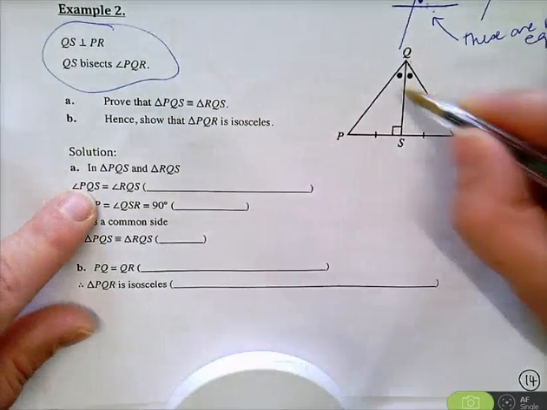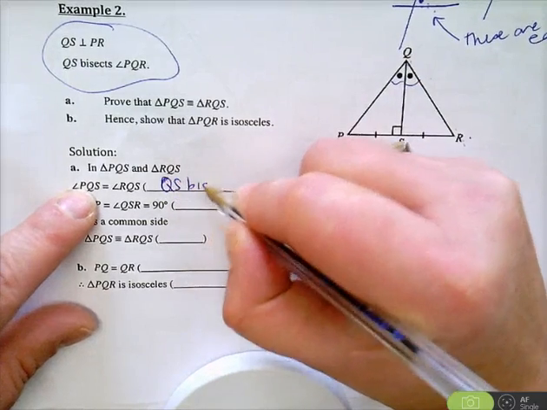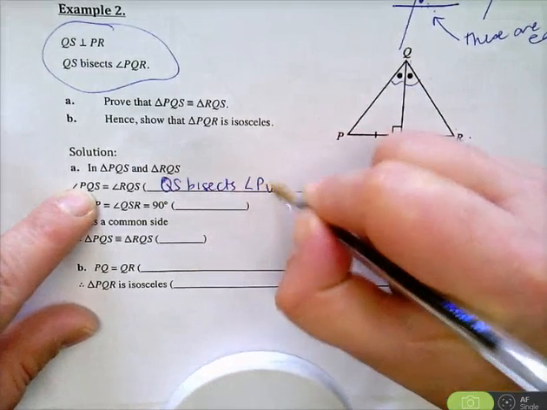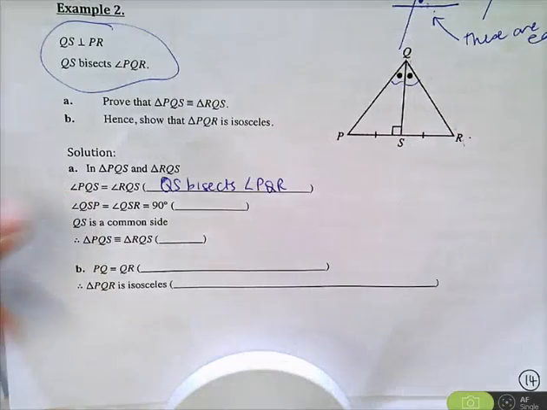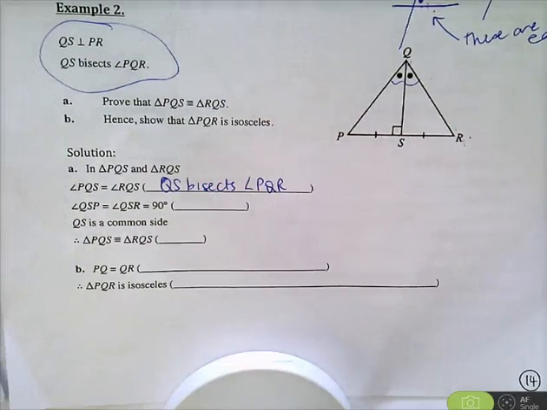So the reason that those two angles are equal is that QS bisects angle PQR. Now, if it's an angle, you must put the angle symbol. If you don't put the angle symbol, it could be an interval, not an angle.